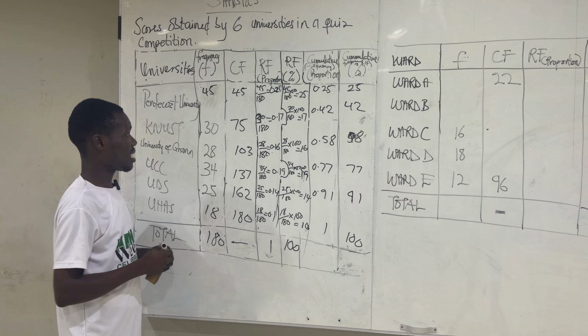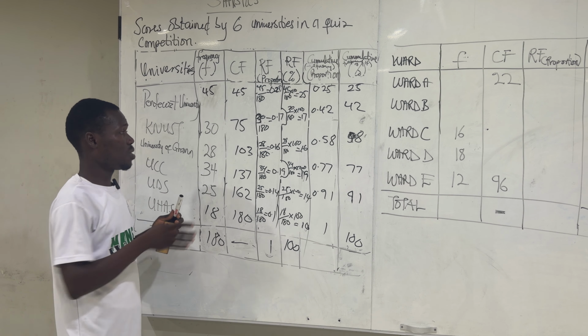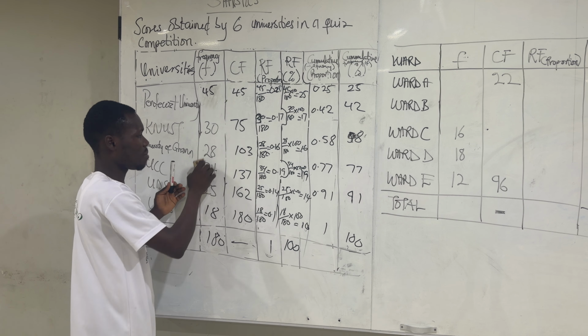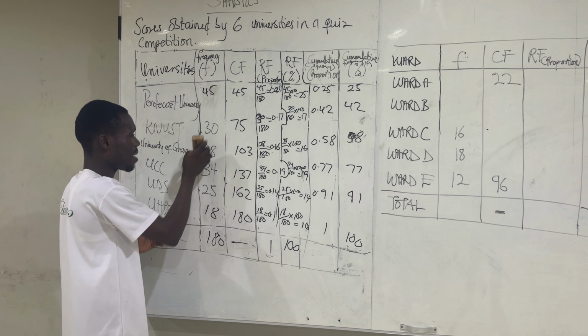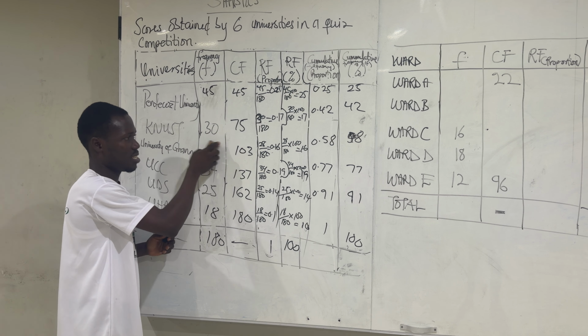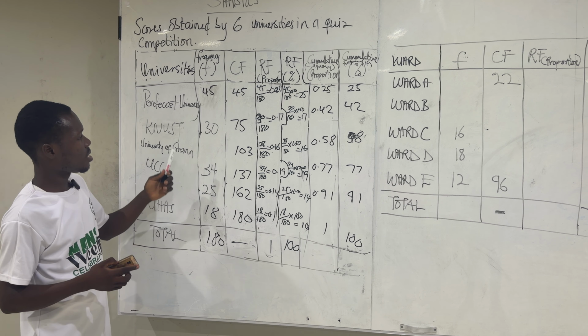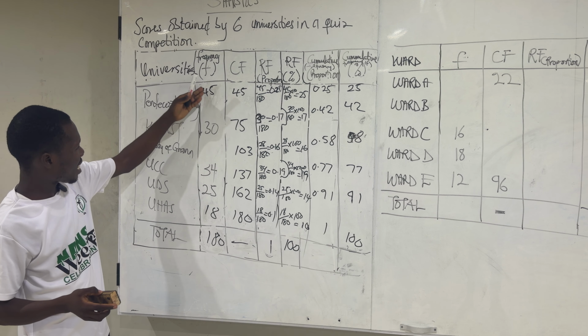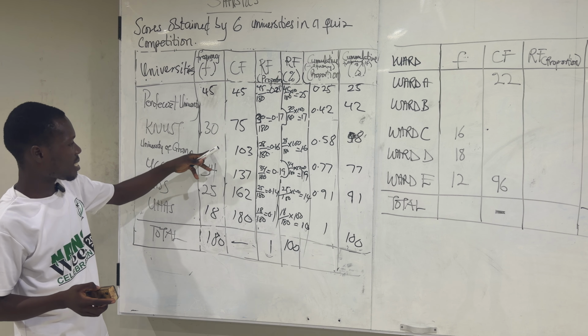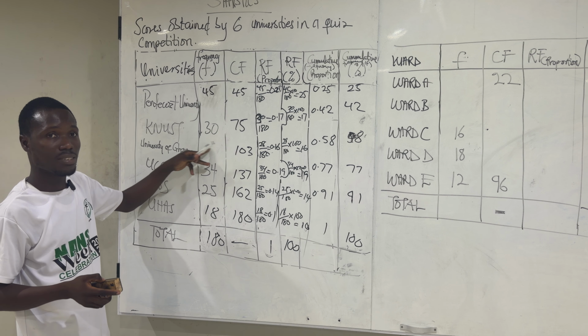So at any point in time, they can leave some spaces for you to fill. If they leave a space here for you to fill, you should know that per the principle, you can add everything together and then subtract it from this one to get this value.